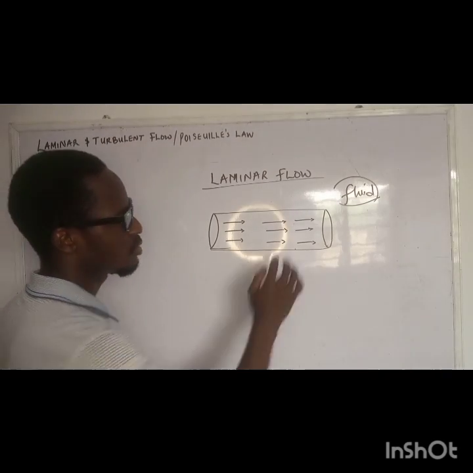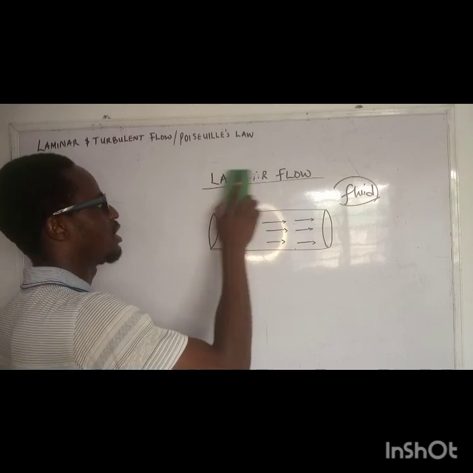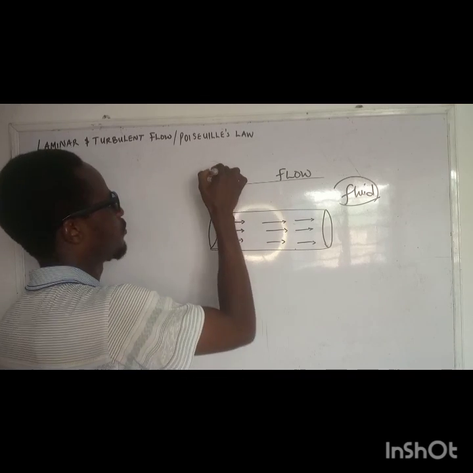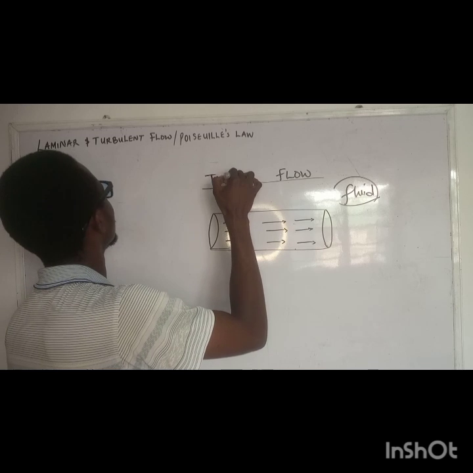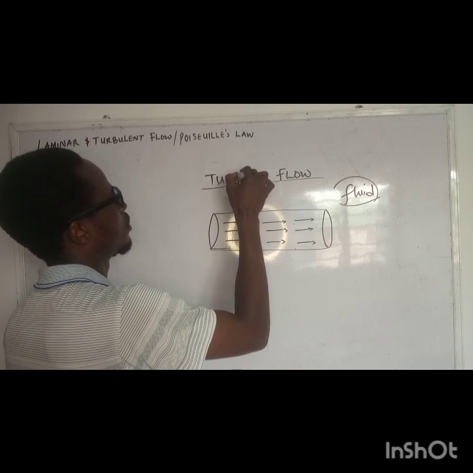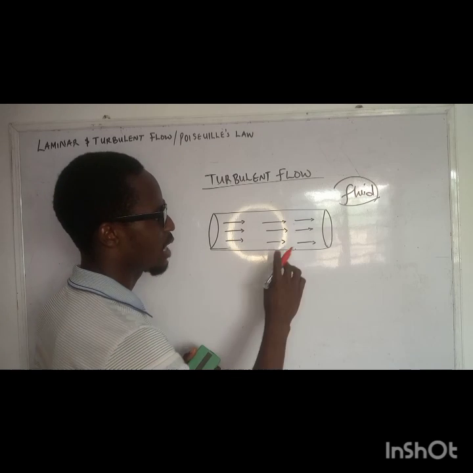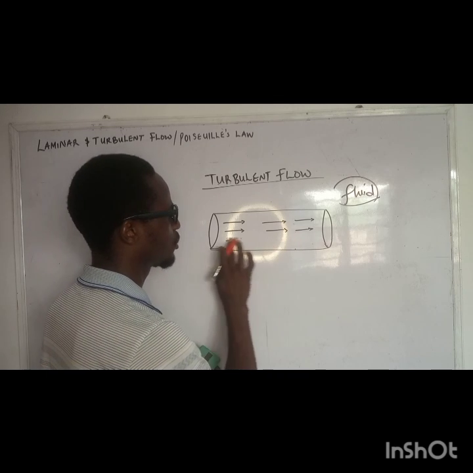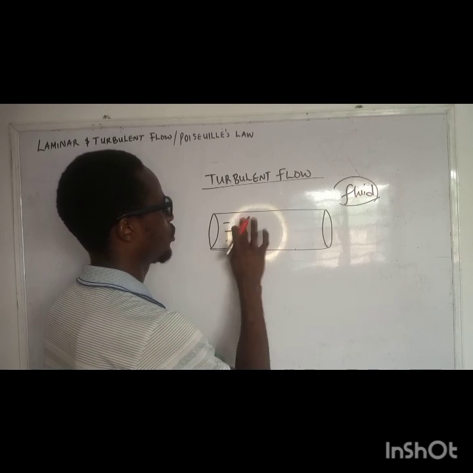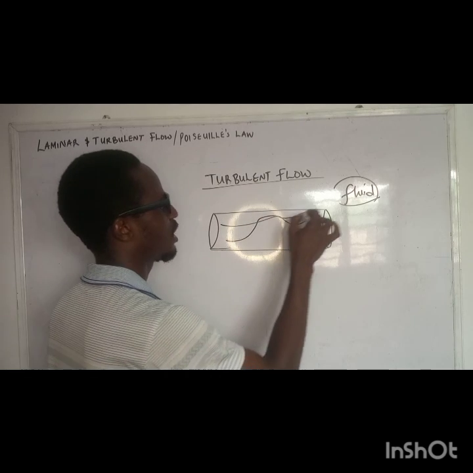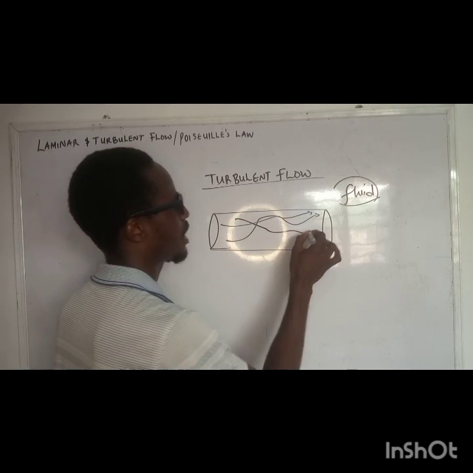So now let us talk about turbulent flow. For turbulent flow, what happens is the motion is not uniform at all, and it takes place with high speed. So you see particles moving like this, crossing each other's paths.